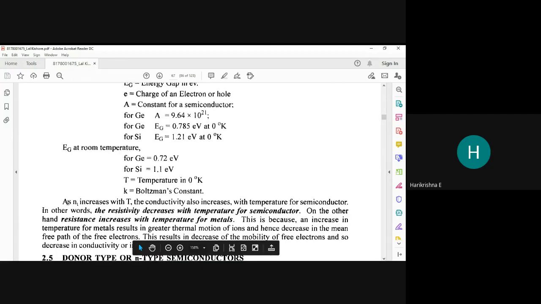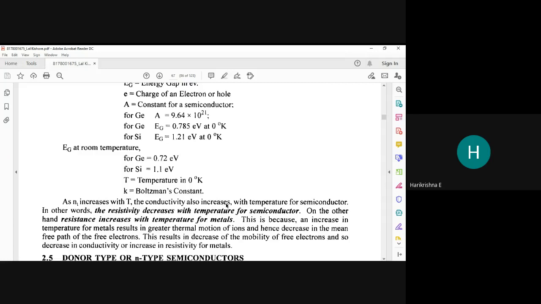As Ni increases with T, the conductivity also increases. Conductivity, we have seen the formula just now: conductivity is equal to (N mu N plus P mu P) multiplied by electron charge. N is equal to P is equal to Ni, the intrinsic concentration. So conductivity is directly proportional to Ni.